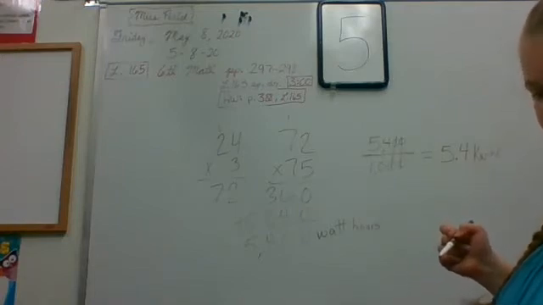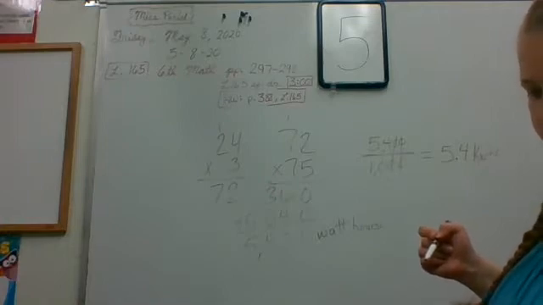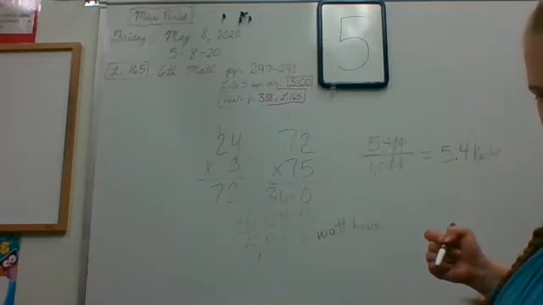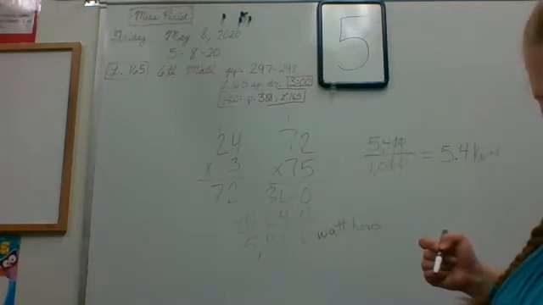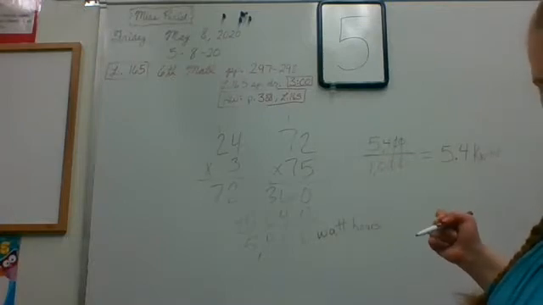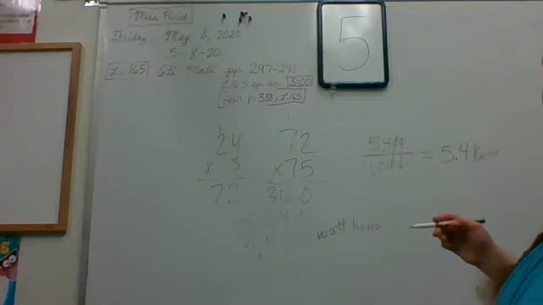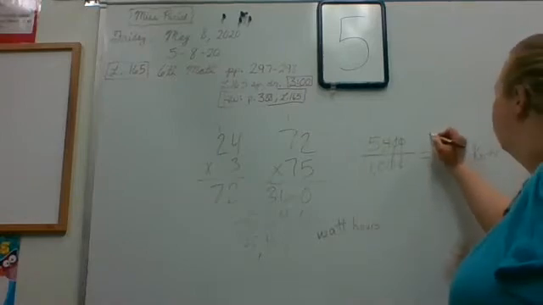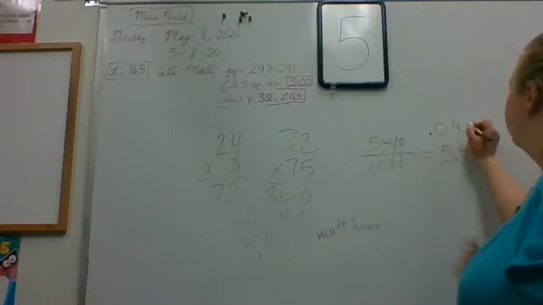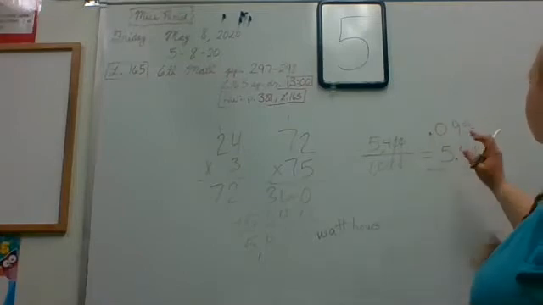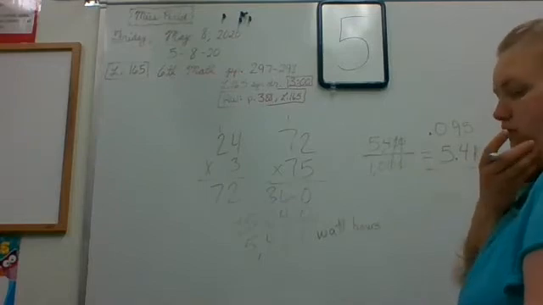It's 9.5 cents per kilowatt hour, and we move our decimal place 2 places to get 0.095, okay? So we'll multiply this. 0.095 times 5.4, okay?